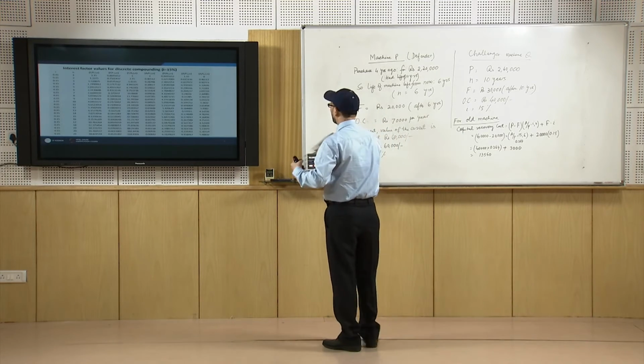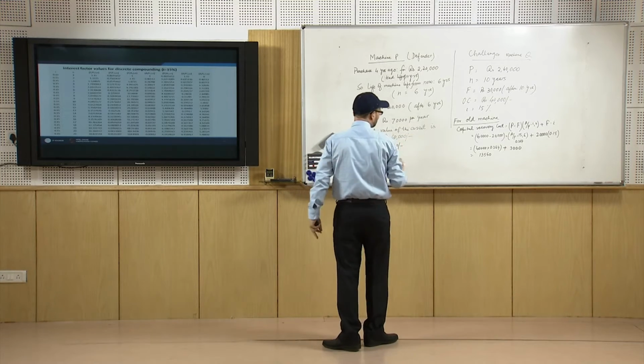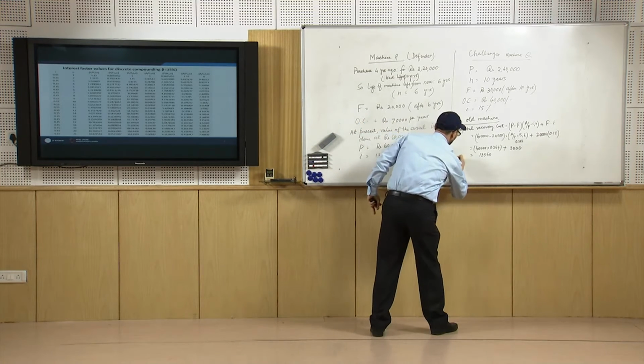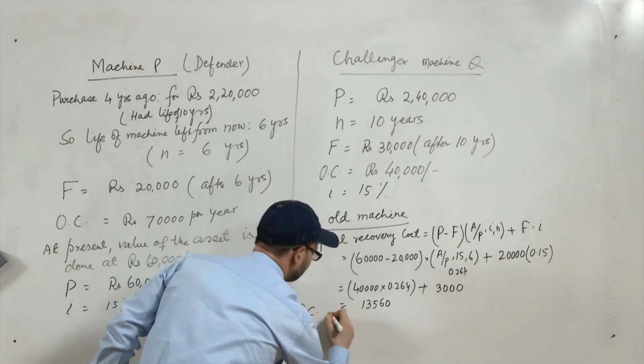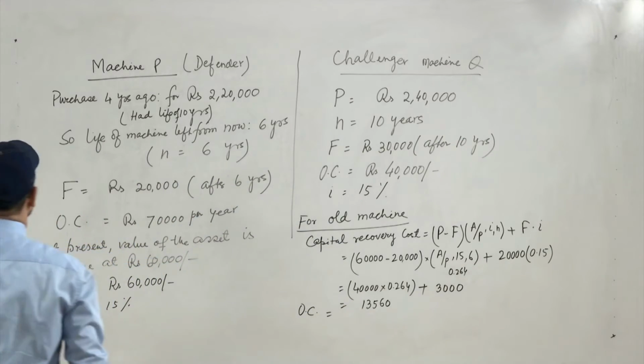Now, there is another cost which is the operating cost. So, operating cost is rupees 70,000.